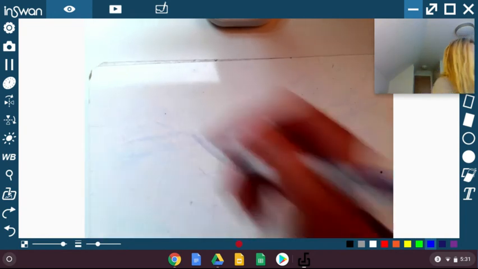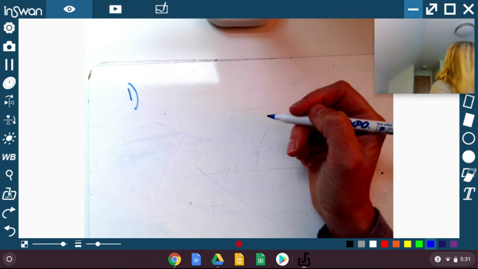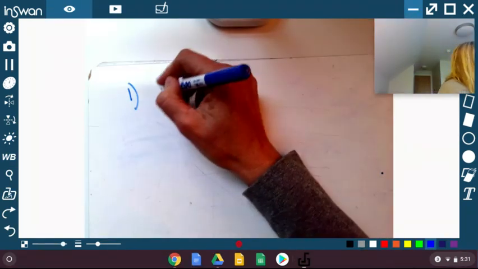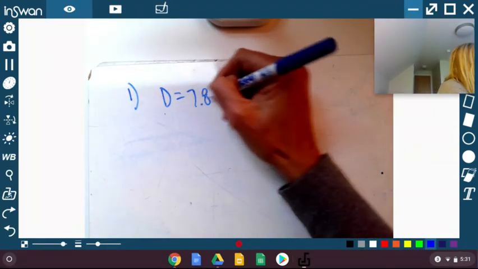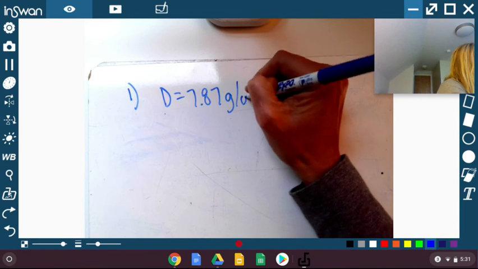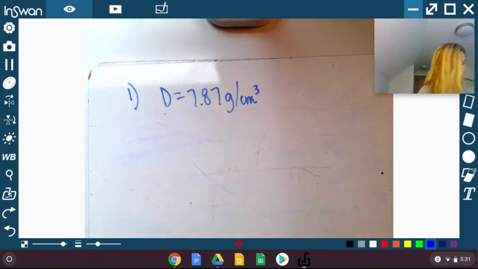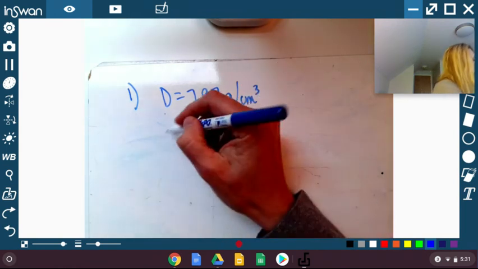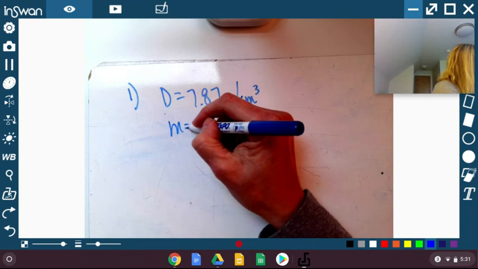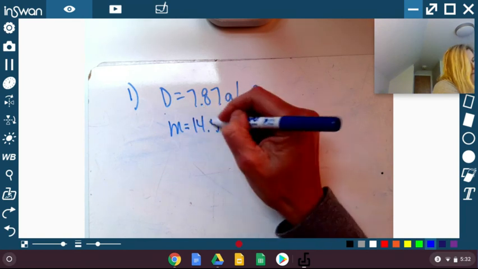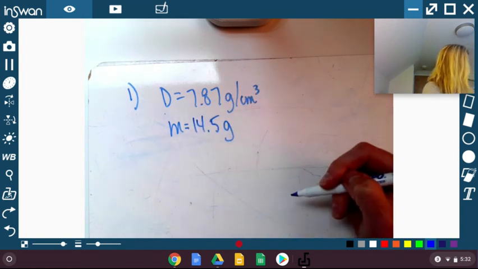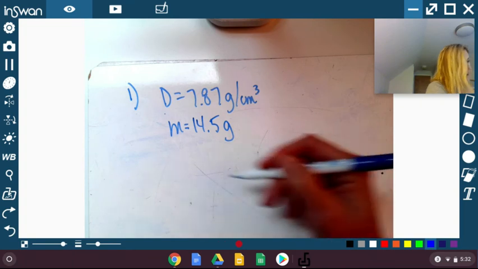So for the challenging one, you do know the density, which is 7.87 grams per cubic centimeter. You do know the mass, which is 14.5. Okay, and you know the final volume.